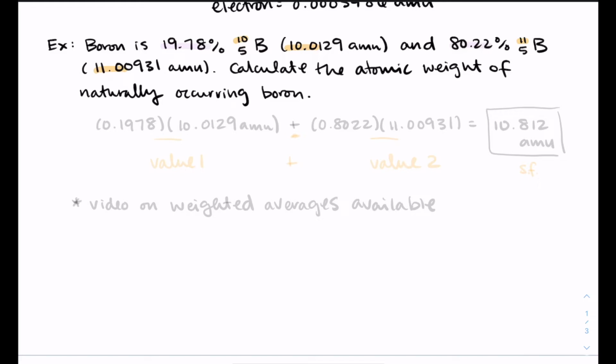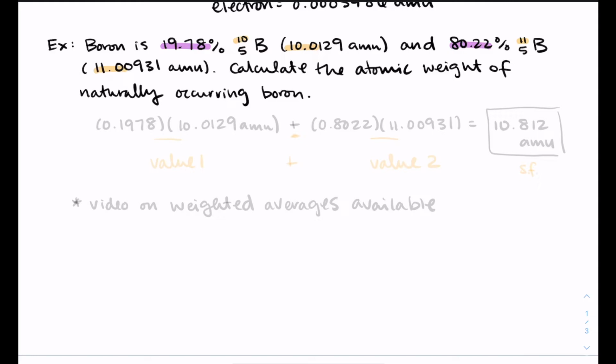Depending on what it's asking you for, you might have to do some other things to solve for that, or you might have to do something as simple as 100 minus the given percentage to find the percentage of the other isotope. You'll also notice that boron 10 has an atomic mass that's about 10, and this should make sense because the mass number is the number of protons plus the number of neutrons, and the electrons are super tiny, they don't contribute.